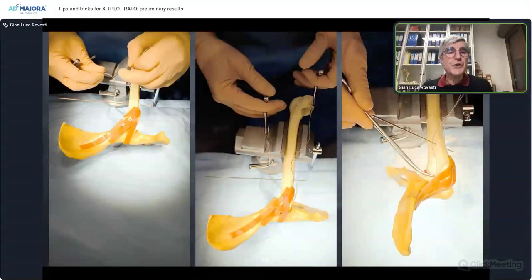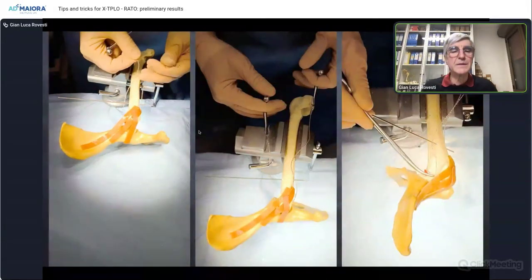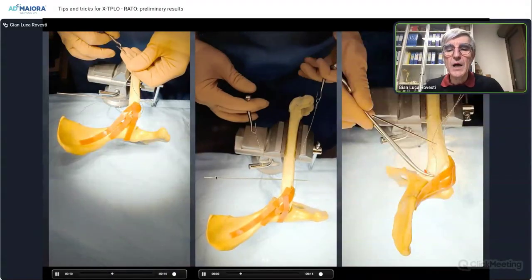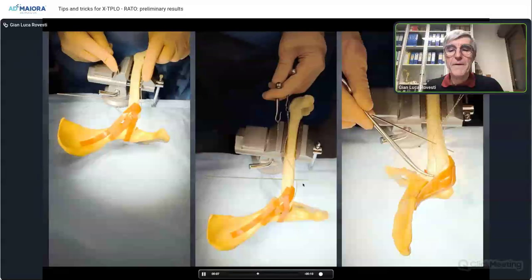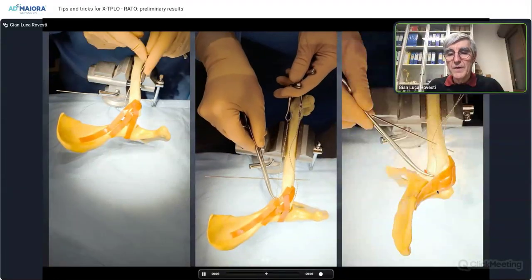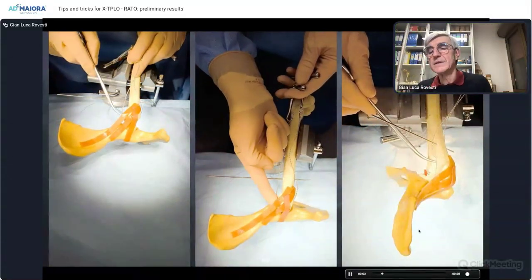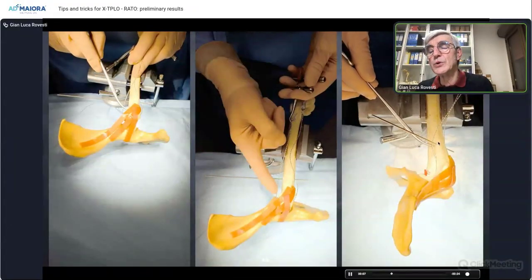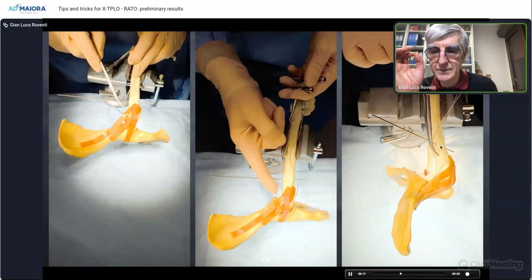Once I'm sure that we are in the correct position, I will start cutting with the Gigli, passing it underneath the K-wire. And this will direct the wire of the saw to the position of the K-wire.